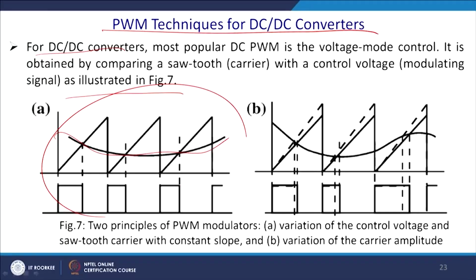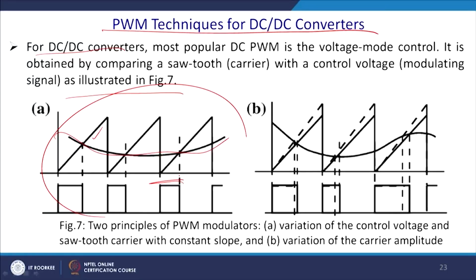Generally, you can see that there is an error, since we compare it. Here this much error was more, and thus you will have a different on time. So, the switch was maybe on here. Thereafter, you can see that the error has been reduced, so ultimately the switch will be off for more time. Again here the error has increased, so you will change the duration of the switching.